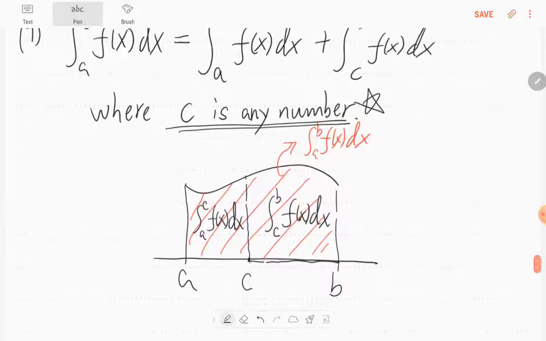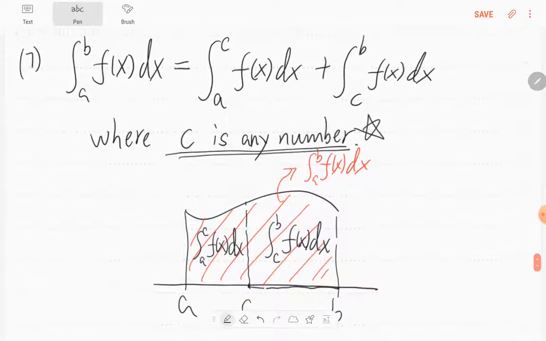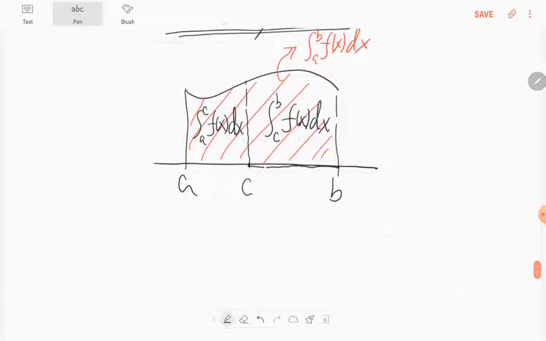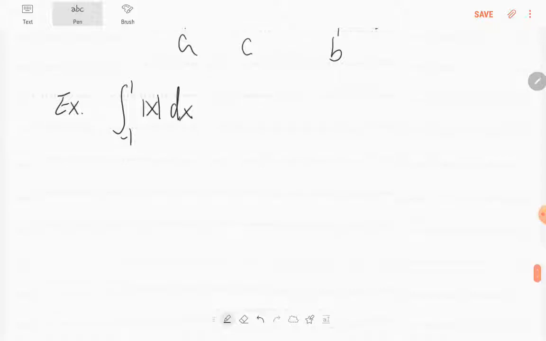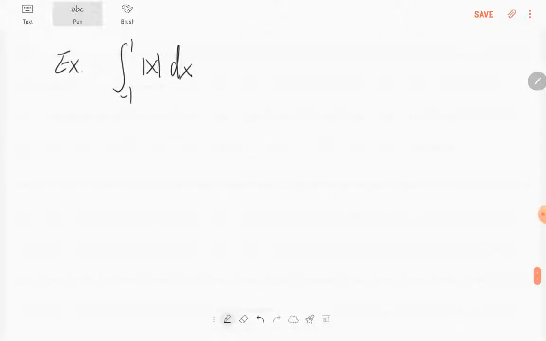So now let's look at one example application of property 7, which is the integral from negative 1 to 1 of the absolute value of x dx. We still use the geometry. The absolute value has a graph which looks like this.